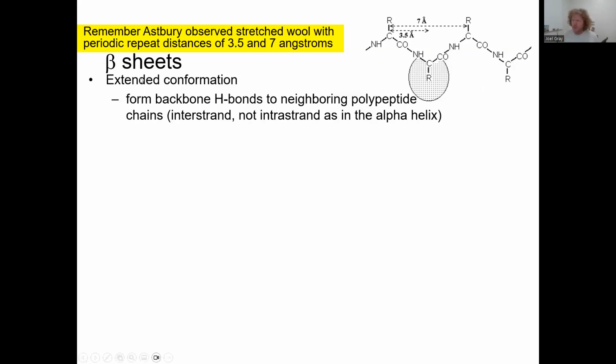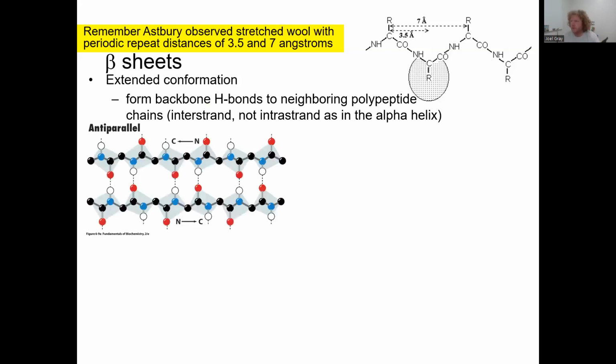So in a beta sheet, you have backbone hydrogen bonds of neighboring polypeptide chains, interstrand, not intrastrand as in an alpha helix. So we have strands that look something like this.